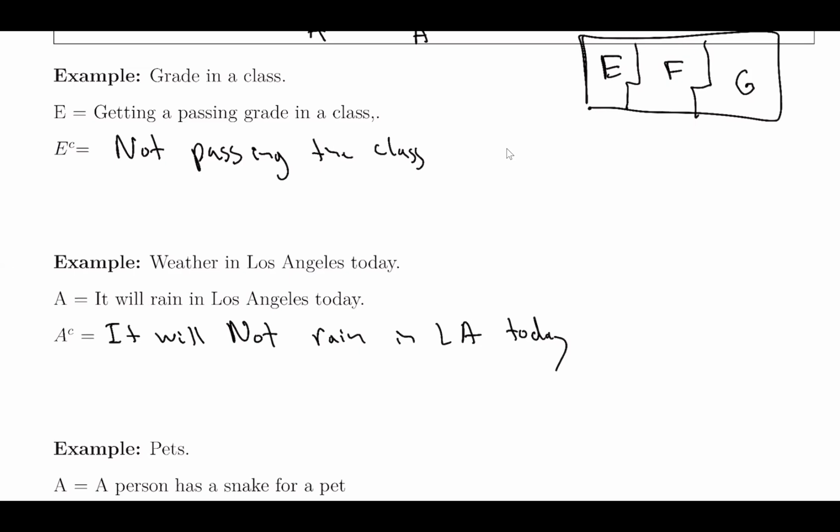It doesn't matter if something else happened, like if it's sunny or a hurricane hit. If anything else happened that's not rain, it's okay because that's the complement of it. The complement essentially accounts for any other outcome that could occur that isn't the original event.